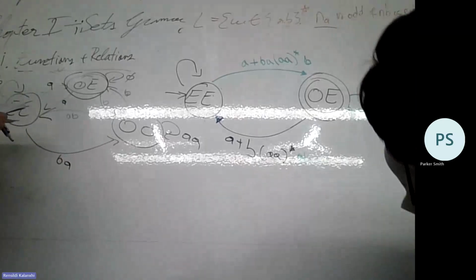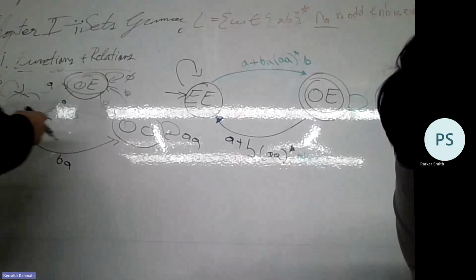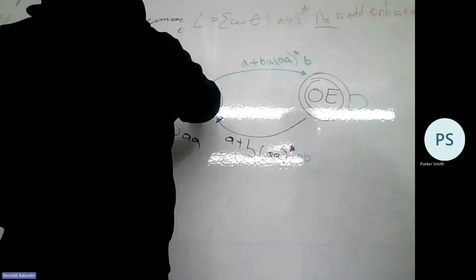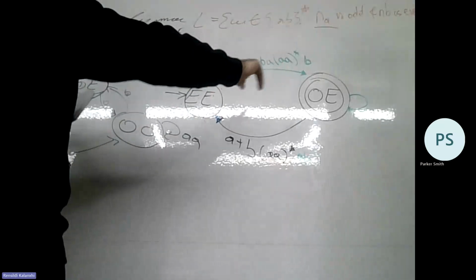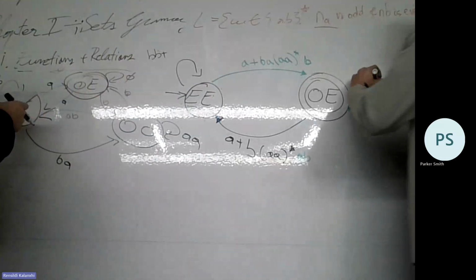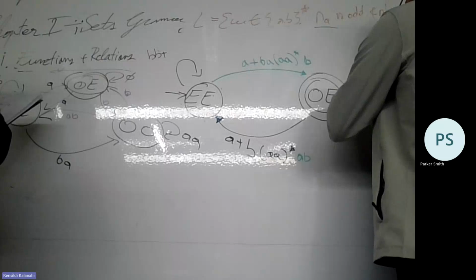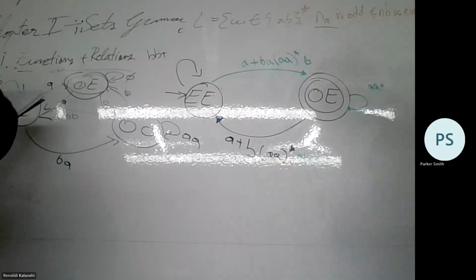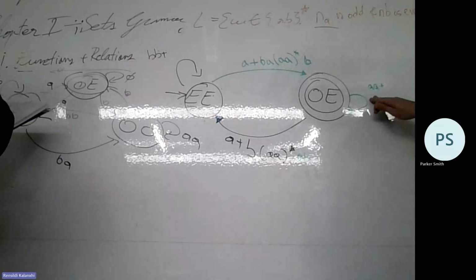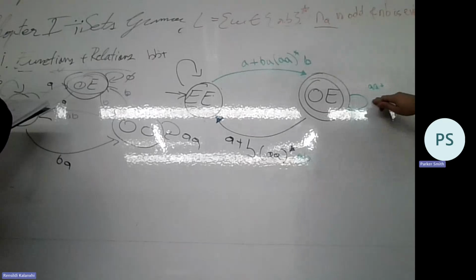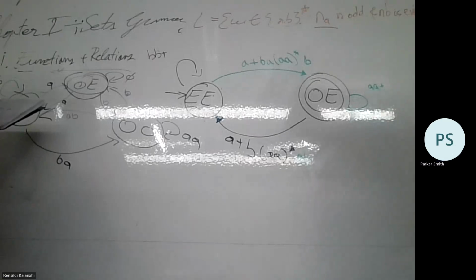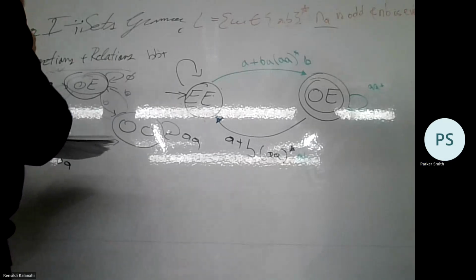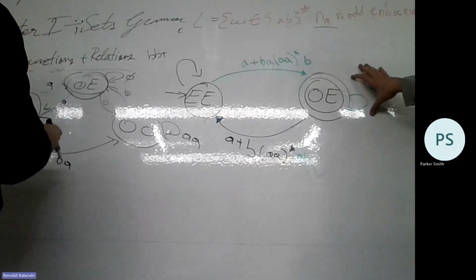So we have here, what is that? It's going to be BB plus, it's going to be A plus, right? So BB plus. Do you see this one? That one is blurred by the line. That one should be BAA star B. Oh, for OE?